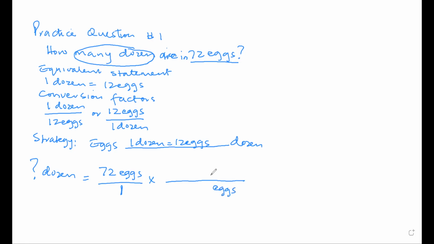We want our answer to be dozen. What we want will be on top. So now we look at this, 1 dozen over 12x. This is the one that looks like this. You cross this out. Then we have 72 times 1 dozen over 12. That will give us 6 dozen.